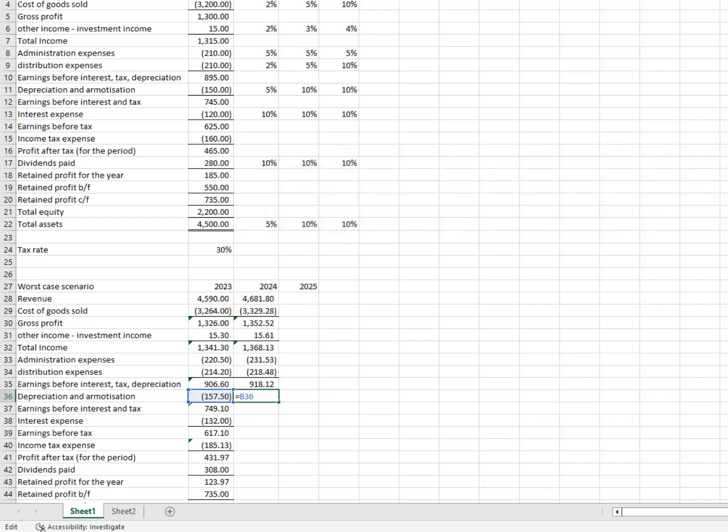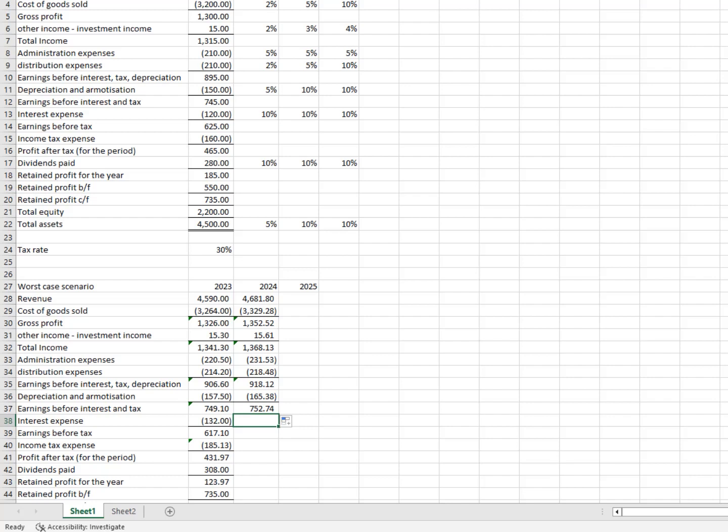Then we also have the depreciation and amortization, again, equal sign, previous period multiplied by 1 plus the growth rate for depreciation and amortization, which is this. Remember, we are still in the worst case scenario. Close the brackets, hit enter. For the earnings before interest and tax, drag it again as we've been doing.